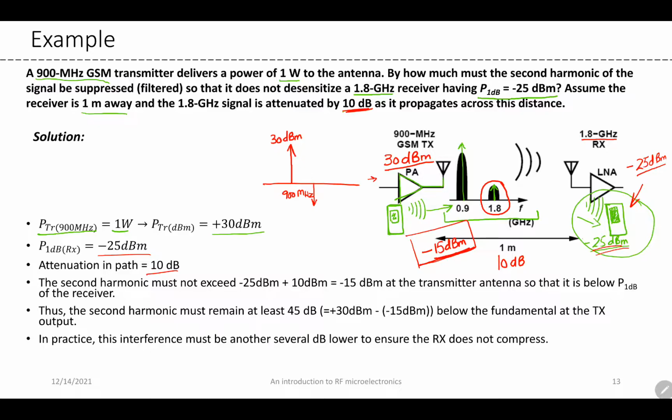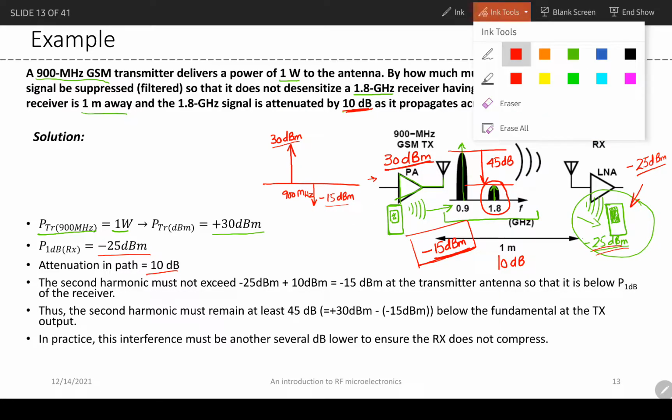Maybe like this, although it's not the correct representation, I'm just showing it pictorially. So the second harmonic should be 45 dB less than the fundamental, because 30 plus this minus 15 is 45. So the second harmonic should be 45 dB less than the transmitted output power at the fundamental frequency, which is 30 dBm.